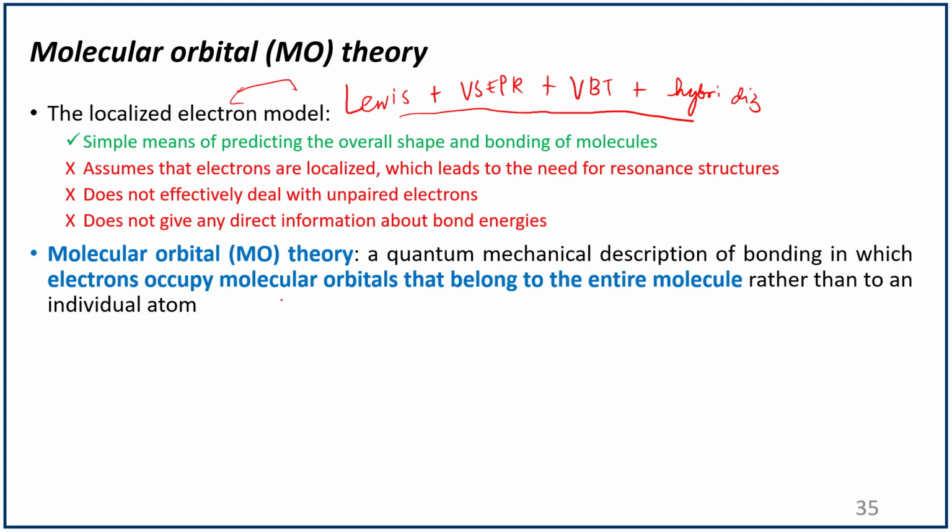This is basically a theory which states that electrons occupy molecular orbitals that belong to the entire molecule rather than to an individual atom.